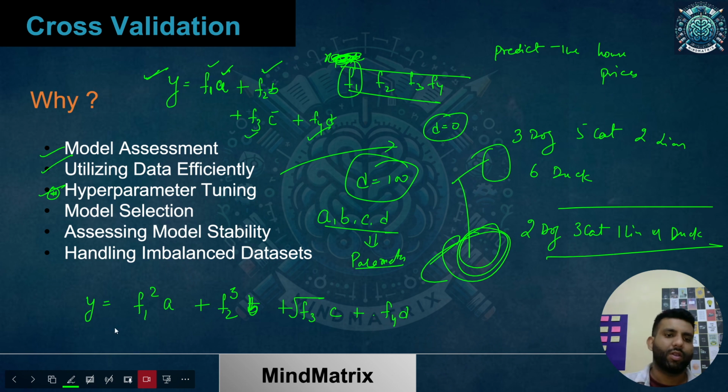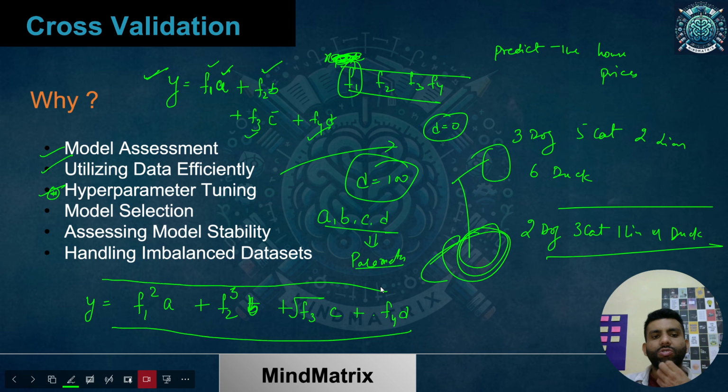It would have been possible that my equation would have been like this also, where the power of f1 is a square, which helps in predicting better what exactly my house prices are going to be. Because we are able to identify the weights for each of these by using A, B, C, and D.